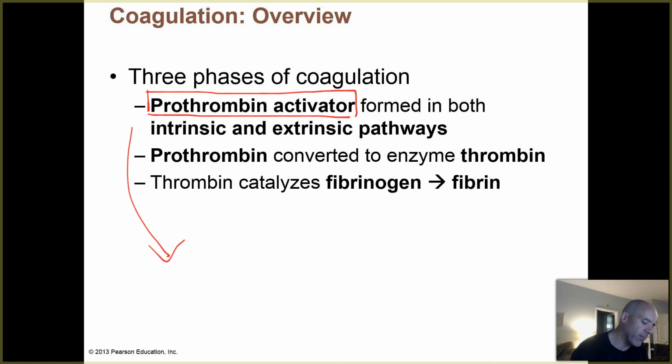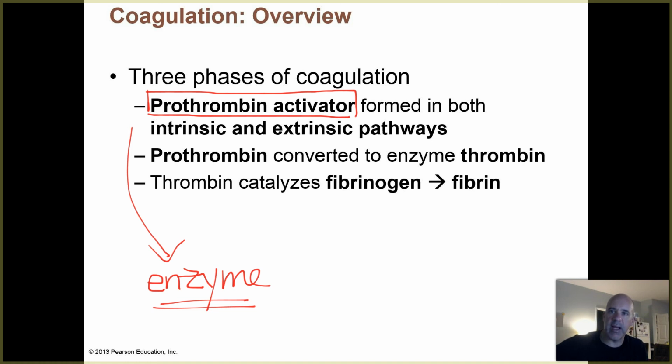This is an enzyme, and it is not present circulating in your blood in an active form; it has to be assembled as part of the coagulation process. It gets formed through two different pathways that we'll be taking a look at. One's called the intrinsic pathway and the other one's the extrinsic pathway.